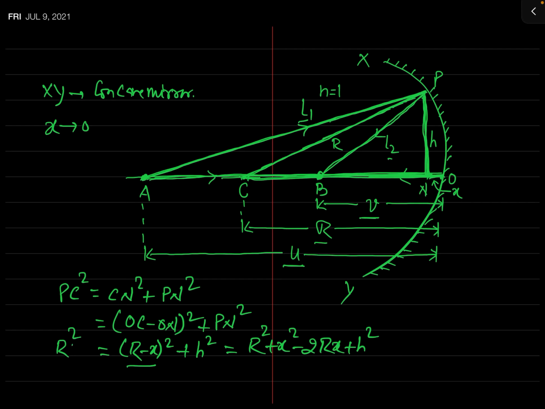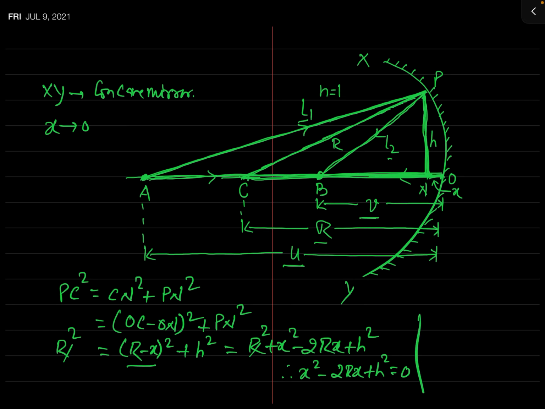So you can see this R square and this R square will cancel out, and so finally we get that X square minus 2Rx plus H square is equal to 0.